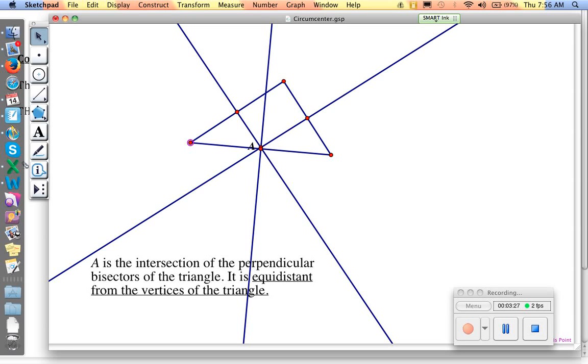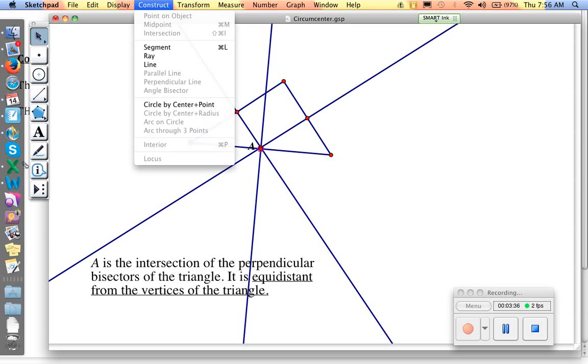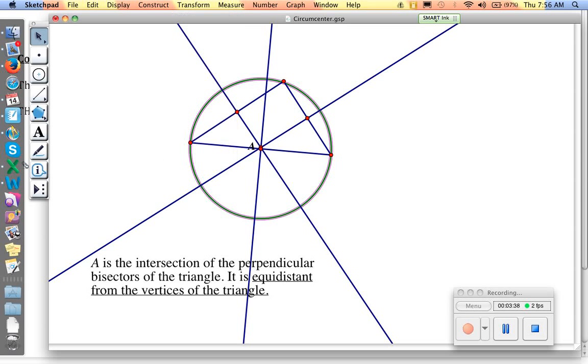So what that allows us to do is construct the circle that touches all of the vertices of this triangle.